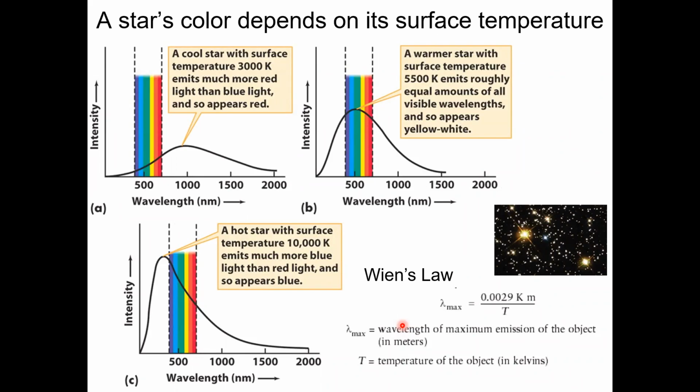Now I want to turn to the content, the spectrum. In all three figures here, you can see the wavelength in nanometers. Starting from around 400 to about 700 is the optical or visible light.